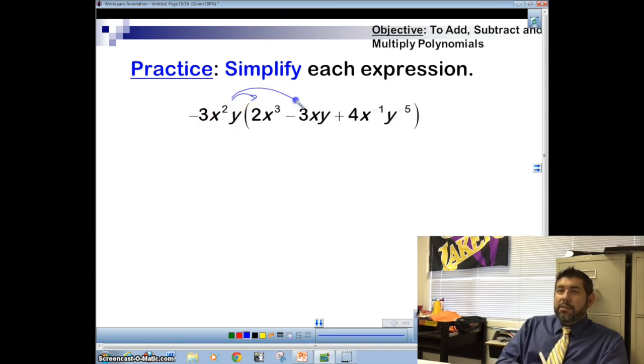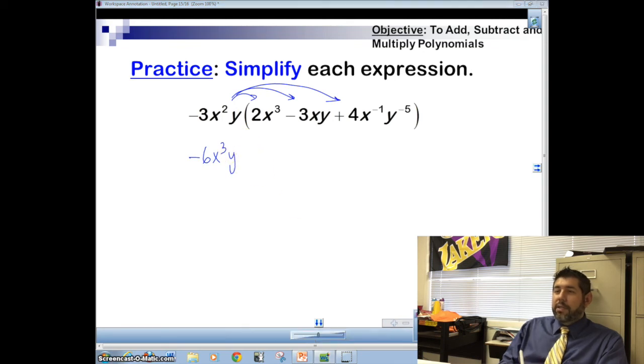Got a lot of these guys. Okay, distribute. Okay, we got negative 6x cubed y. Nope, that's not right. Not x cubed. That should be x to the 5th. Plus 9x cubed y squared minus 12x, because 2 minus 1 is 1, and y to the negative 4.